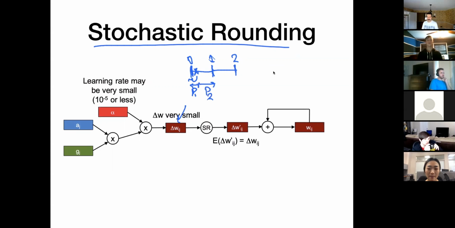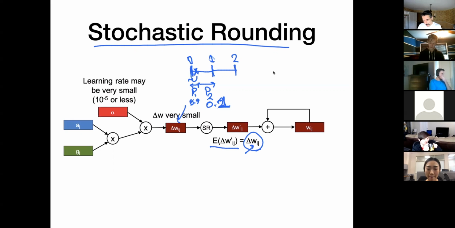So it's probabilistic or stochastic rounding, right? Like, let's imagine with probability 0.9, you round it to 0, probability of 0.1, sorry, you round it to 1, or some other way. And at the end, you get an unbiased estimation of your weights. So the expected value of the weight would converge to the true update, the true delta W, right?